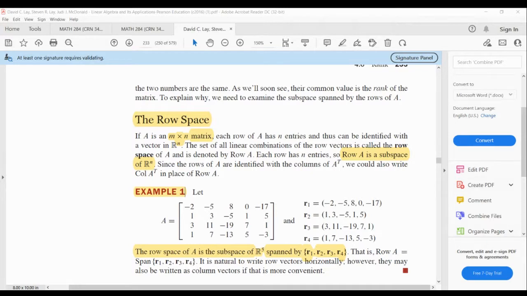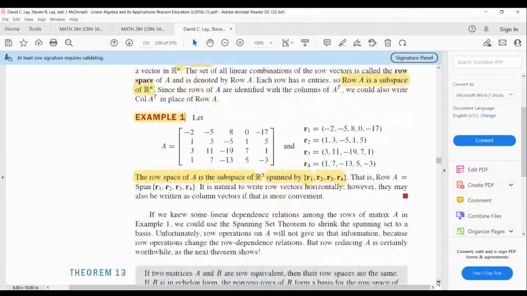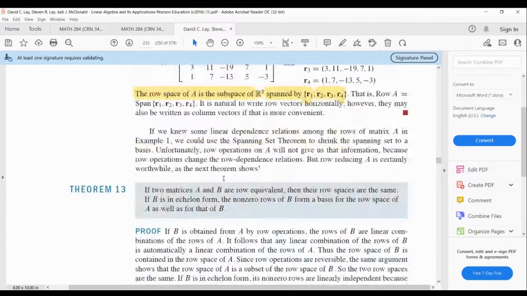Now, an interesting result about the row space is the following. Theorem 13, actually.